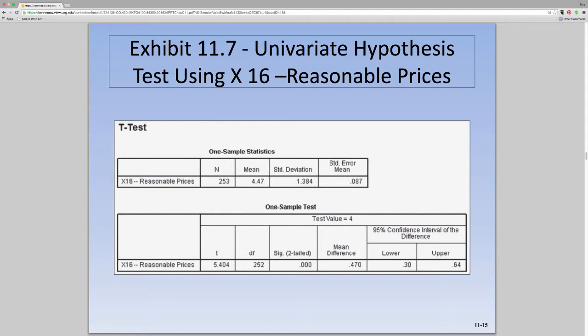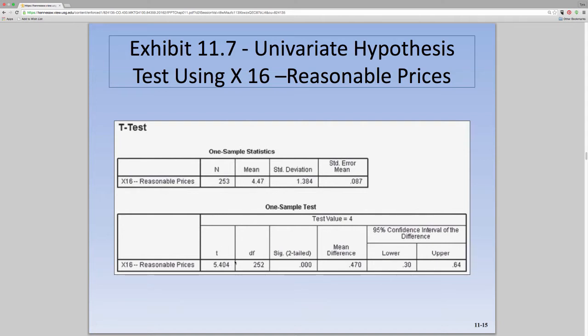Usually we do that at 0.05, which means 5 tests out of 100 would be incorrect. Now, if we look at this again, we see that the mean was 4.47, but what we want to know is, is it statistically different than 4? We know that it's numerically different, but do we have enough evidence in our sample to prove that the population mean is different than 4?